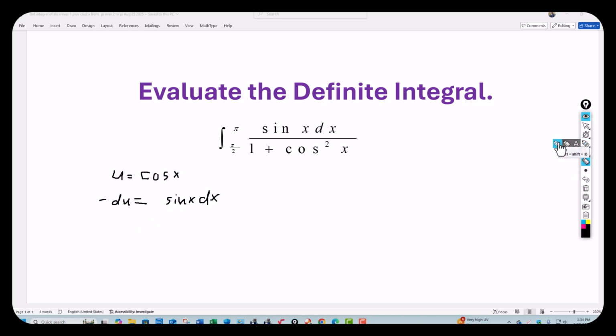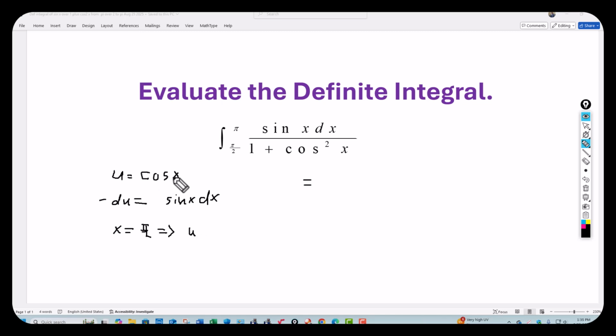And I'm going to do this U-substitution, so I'm going to change the limits of integration. I can leave the same limits if I do the integration with the U-substitution and then go back to the original variable. This way I don't have to do that. I'll simply say the lower limit is pi over 2. So if x is equal to pi over 2, that would imply that u will be 0.